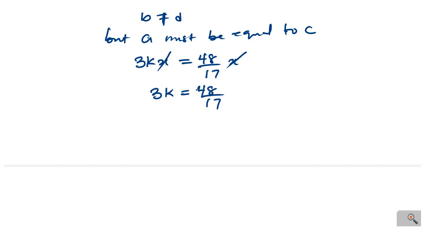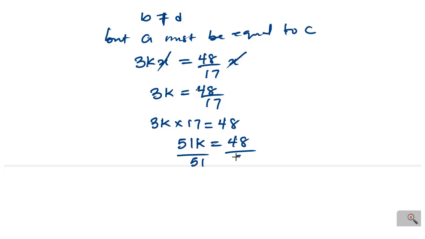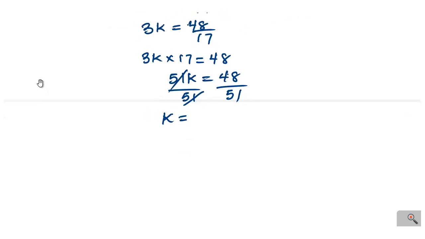If we cross multiply, we're going to be having 3k multiplied by 17 is equal to 48, and 3k times 17 would give us 51k is equal to 48. So to get the value of k, we divide both sides by the coefficient of k, which is 51. This cancels this, so we have k equal to 48 over 51.